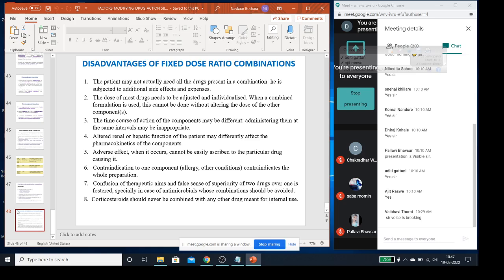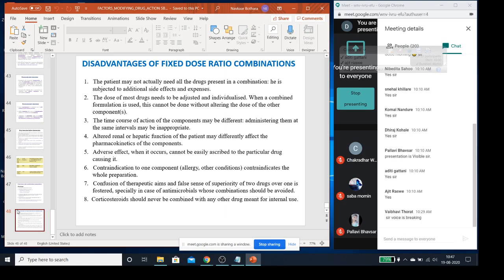Altered renal or hepatic function of the patient may differently affect the pharmacokinetics of the compounds. Suppose there is a renal problem and drug A is excreted by the kidney, so it will accumulate. We have taken the dose as per the normal situation. Or if there is a hepatic problem and the drug is metabolized by the liver, then that drug will not be metabolized properly and will accumulate in the body.